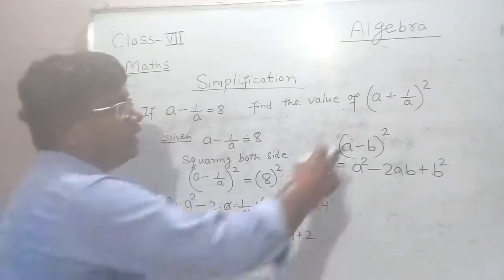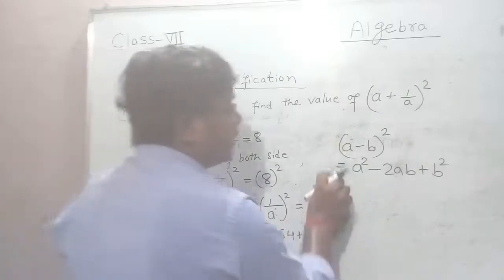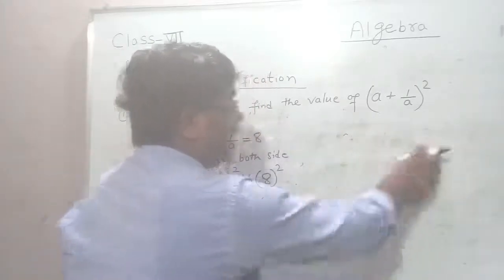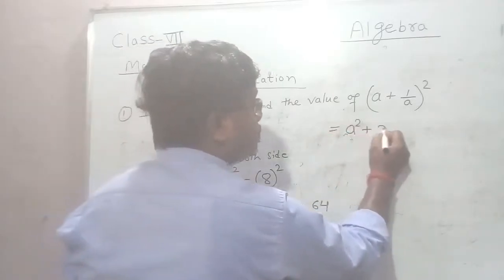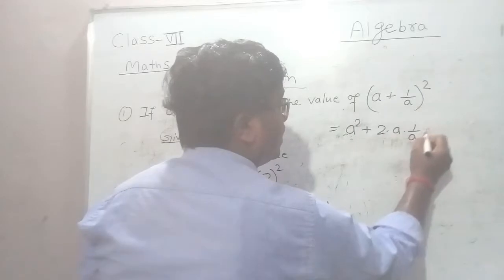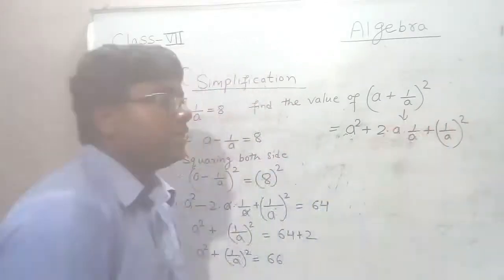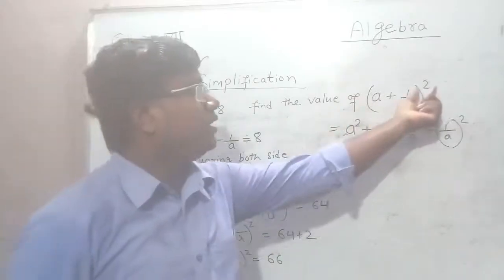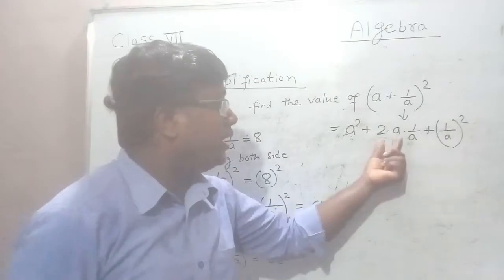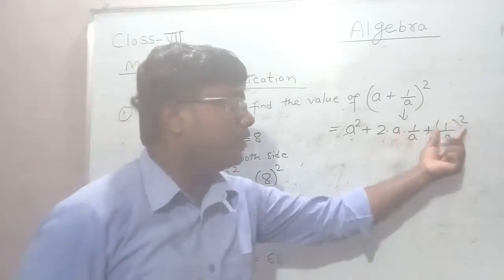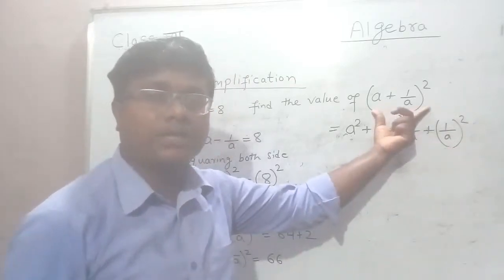Now we need to find the value of (a plus 1 upon a) whole square. Okay, so suppose if we open this, what will we get here? a square plus 2ab plus b square is your (1 upon a) whole square. In place of (a plus 1 upon a) whole square, if we get the value of a square plus 2a into 1 upon a plus (1 upon a) whole square, then also we are getting the value of (a plus 1 upon a) whole square.